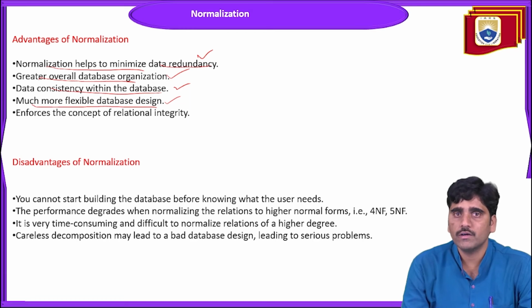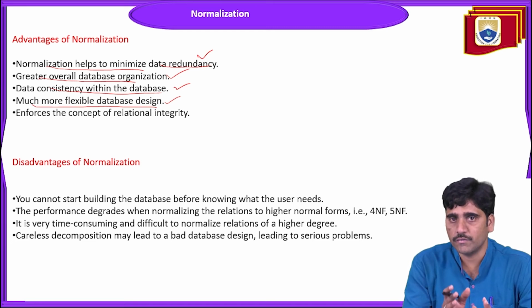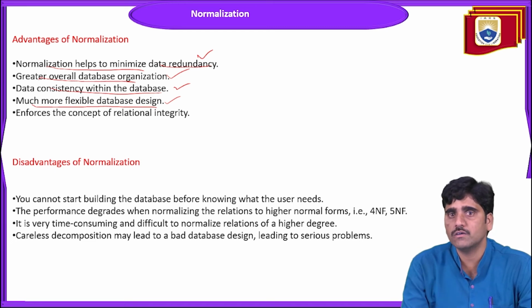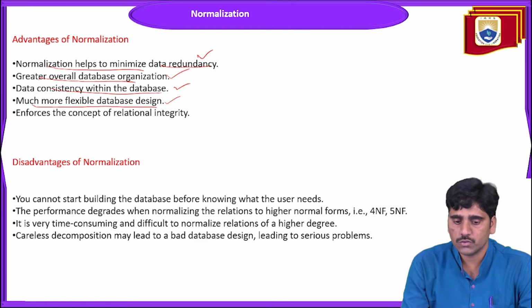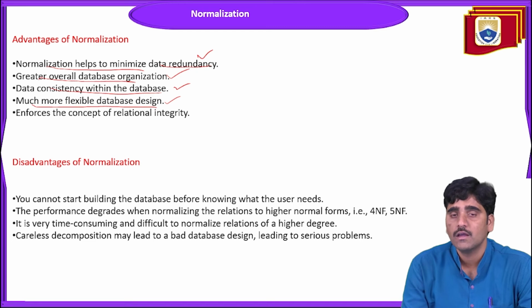Whenever you have a flexible structure, you can design a particular database very efficiently. If the structure of the database is very good, then the design is also good. So that helps to minimize the anomalies, the redundancy problems, the integrity problems and everything.